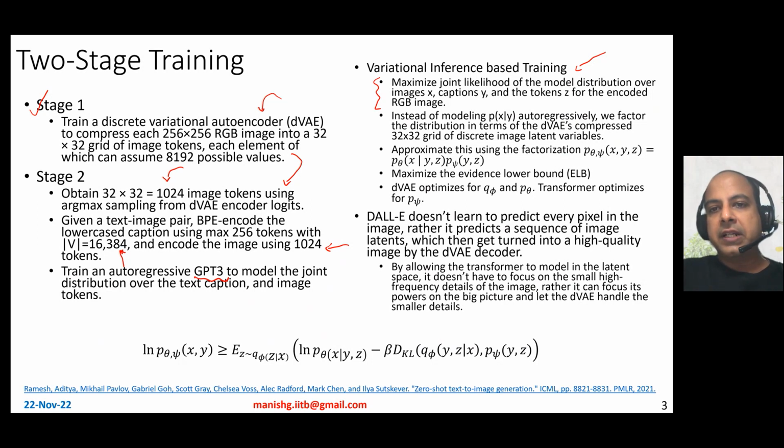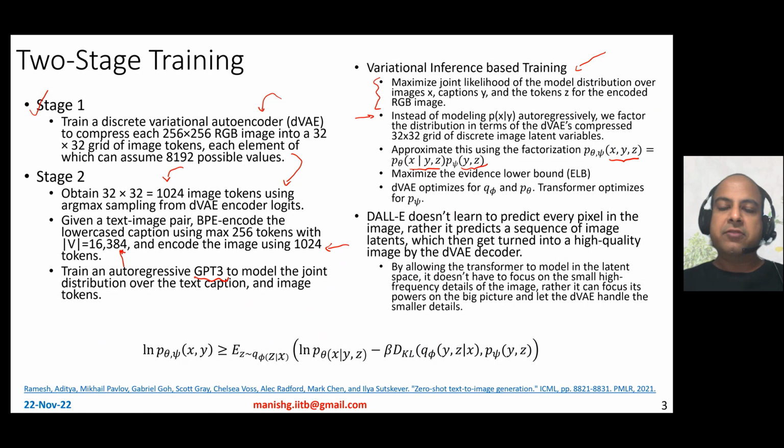However, rather than modeling the probability of images given the caption directly in an autoregressive manner, what DALL-E does is to essentially factor the distribution in terms of the discrete VAE's compressed 32 cross 32 grid representation of the original image, right? So thus the joint is factorized into two different parts, X given Y, Z and Y comma Z.